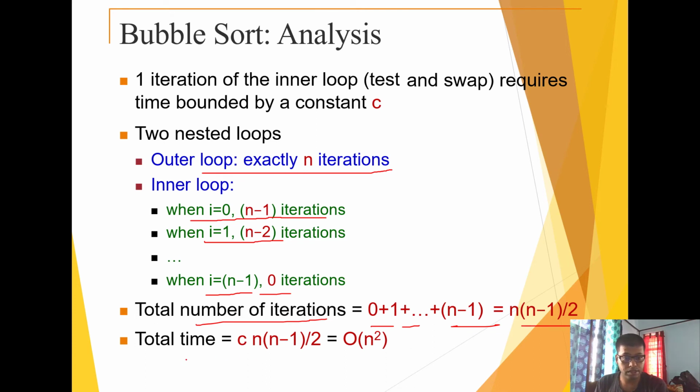So the total time is c into n into n minus 1 by 2. So it will become O of n square. So for Bubble sort the time complexity will be order of n square.